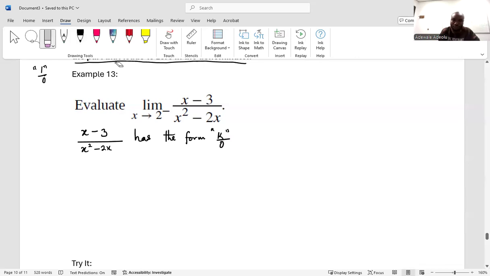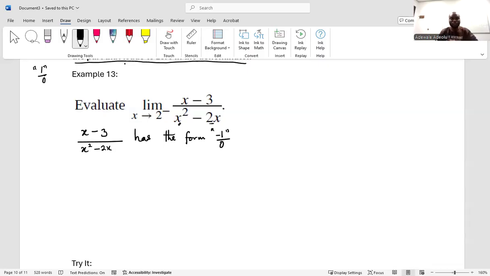You can just put the value there: if you plug in 2, that would be -1 over, if you plug in 2 here, 4 minus 4, that is 0. So this is the form.